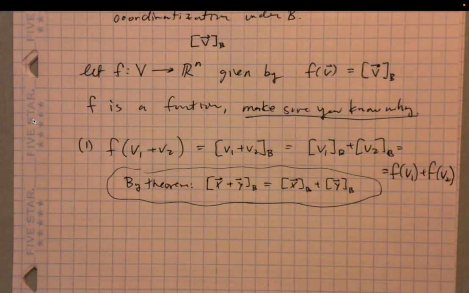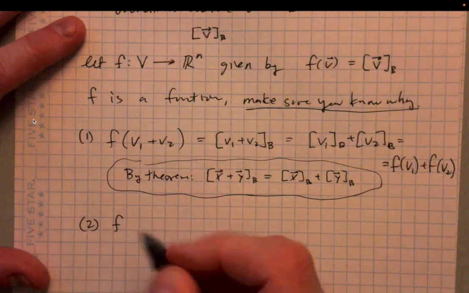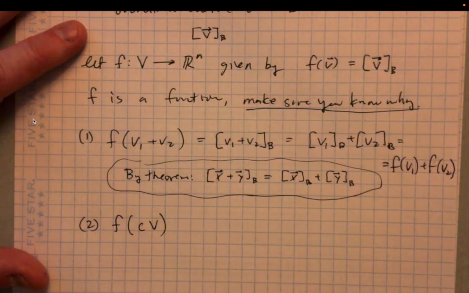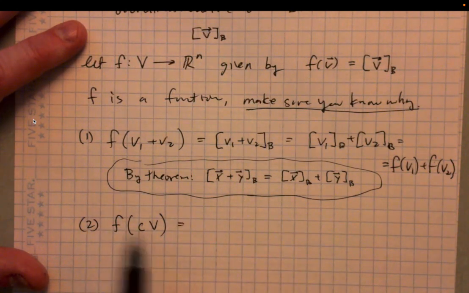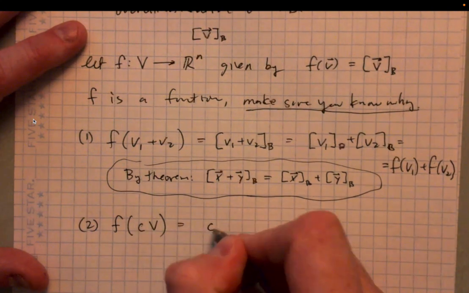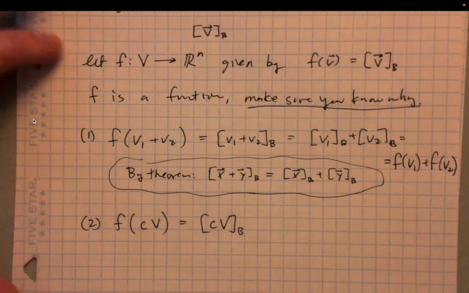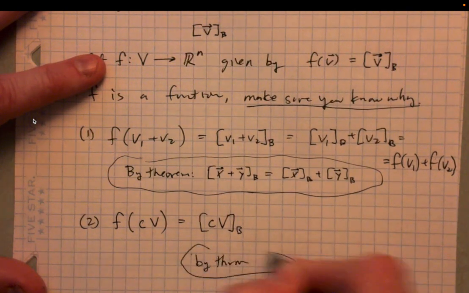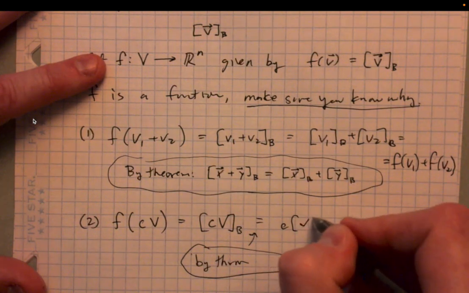All right. And the second property, again, we discussed in the previous section as well. So if I have f of c times a vector, then basically when I apply f to the scalar product here, I get c times v coordinatized under B. And again, by theorem, that was equal to c times the coordinatization.